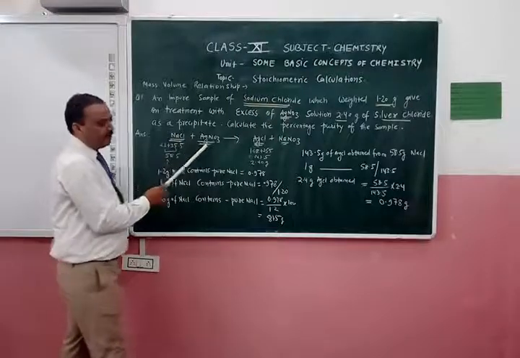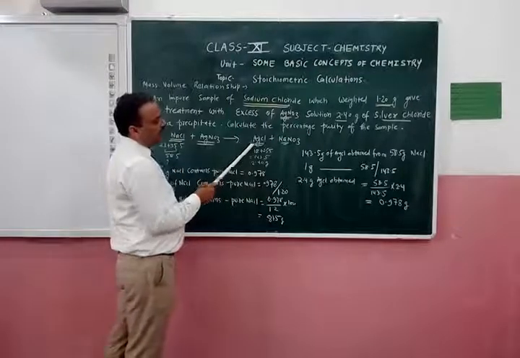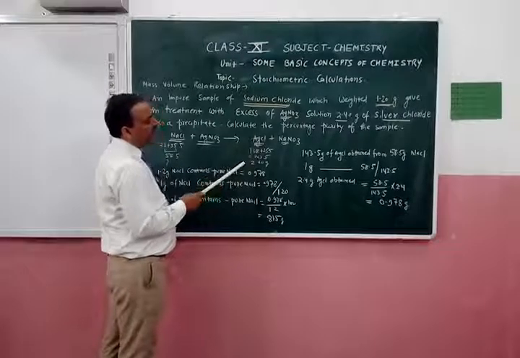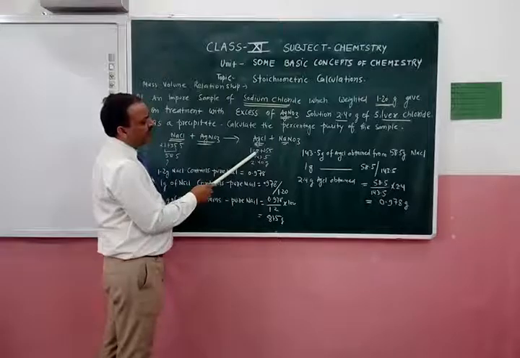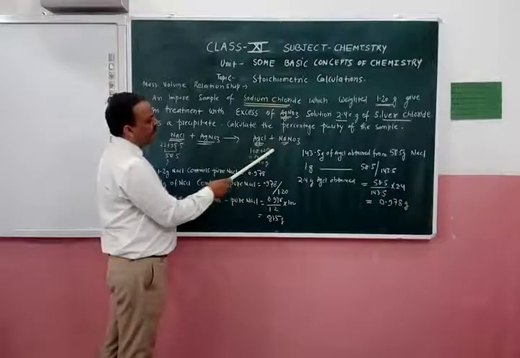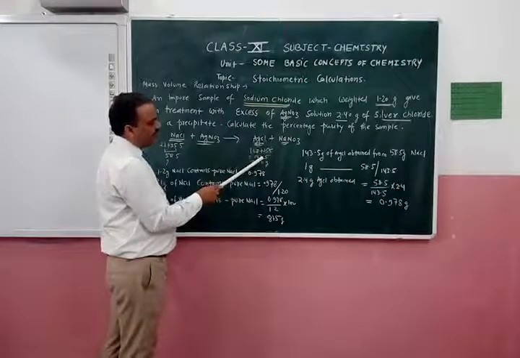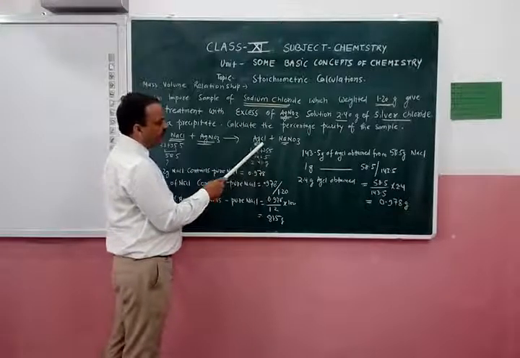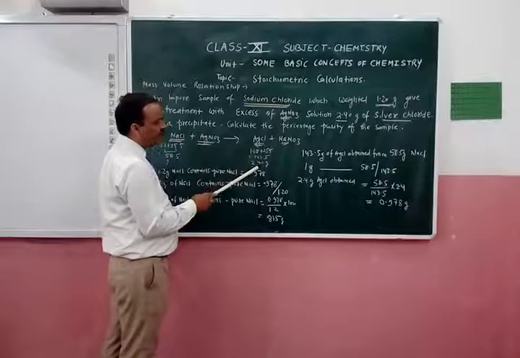Silver nitrate is not required. Formation of AgCl takes place, and the molecular mass of silver chloride is 108 plus 35.5, and the total is 143.5. We have the molecular mass of AgCl.